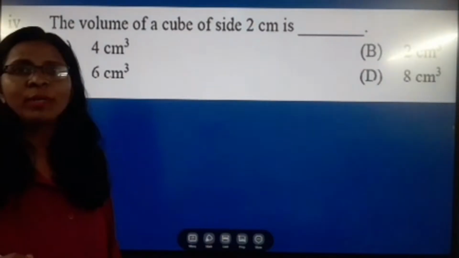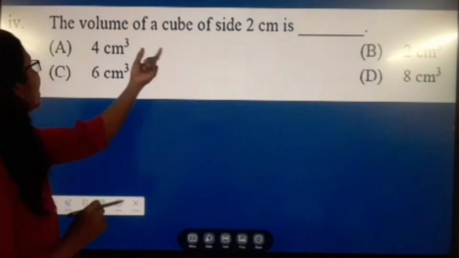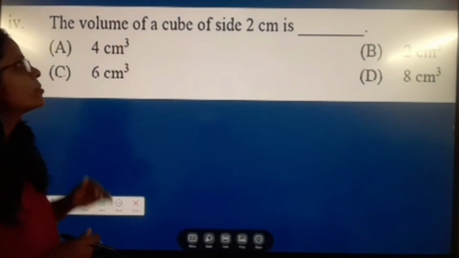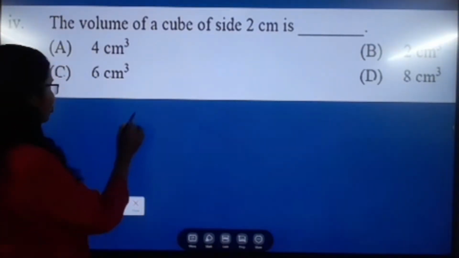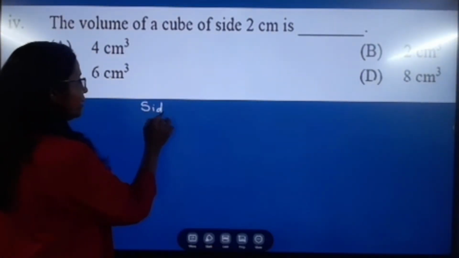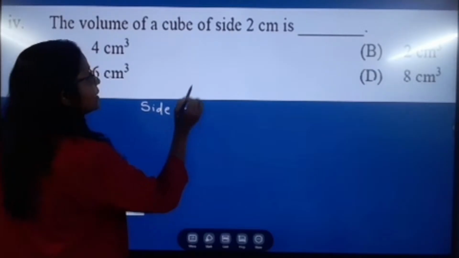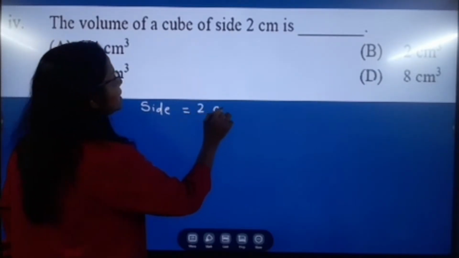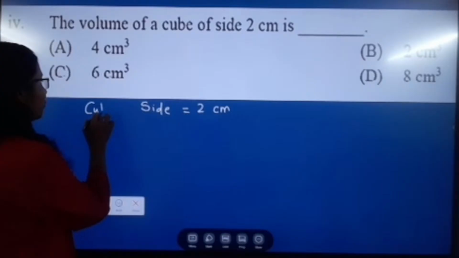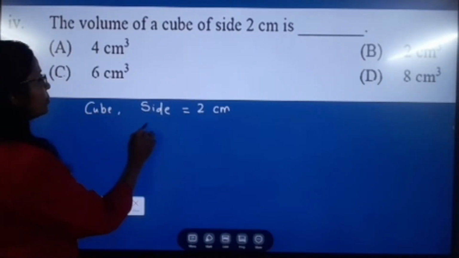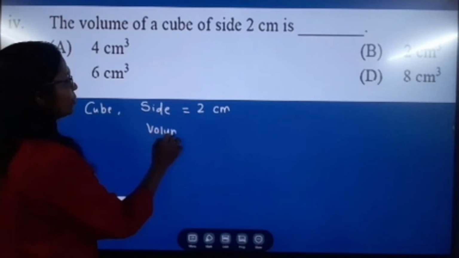Okay, there is some problem, so I stop here. So now the volume of a cube of side 2 centimeter is. The given information is that the side is equal to 2 centimeter, and the figure is for the cube, and we have to find out the volume.